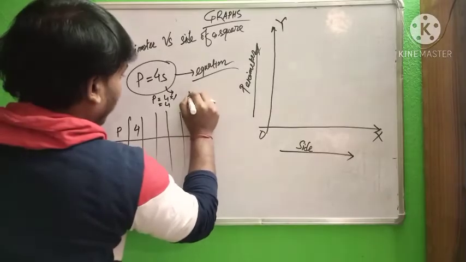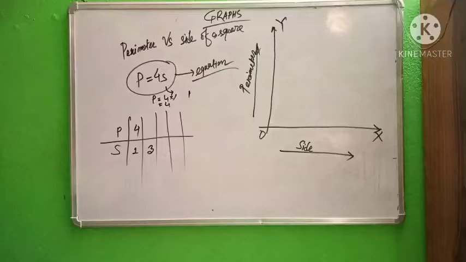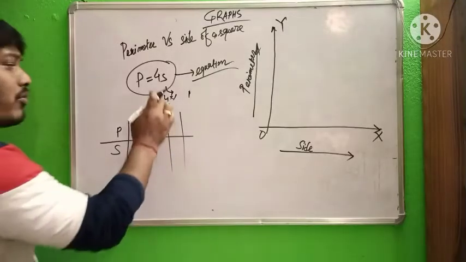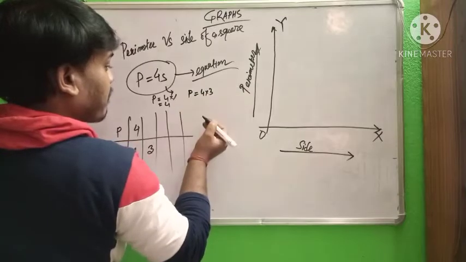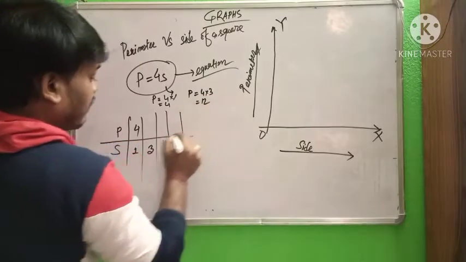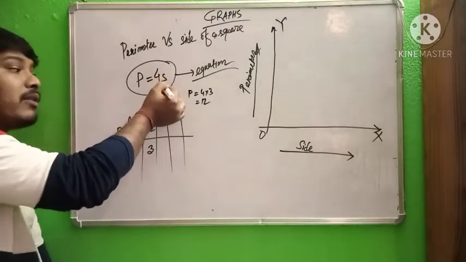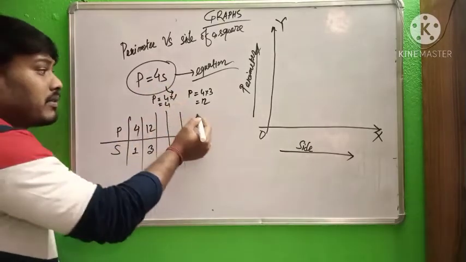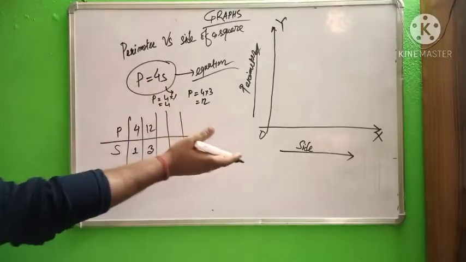If we take the value of s as 3, then P equal to 4 into 3 equal to 12. So 12.